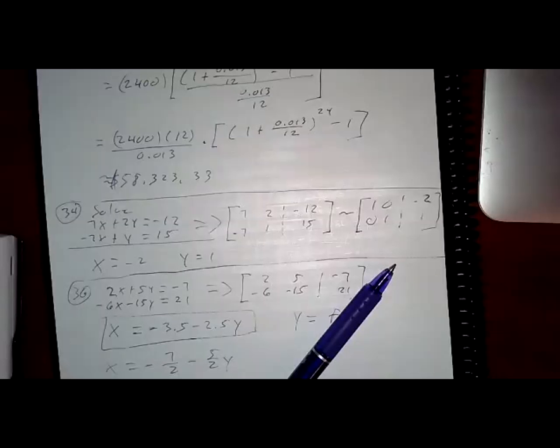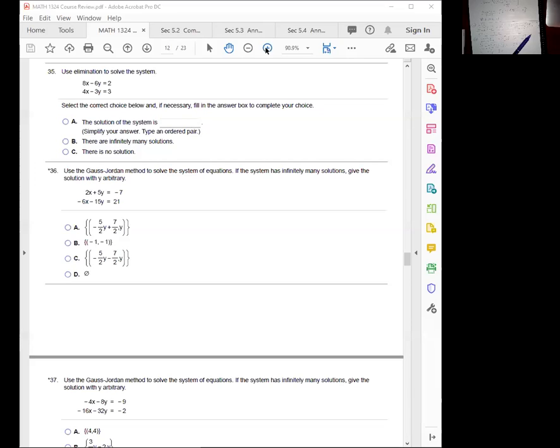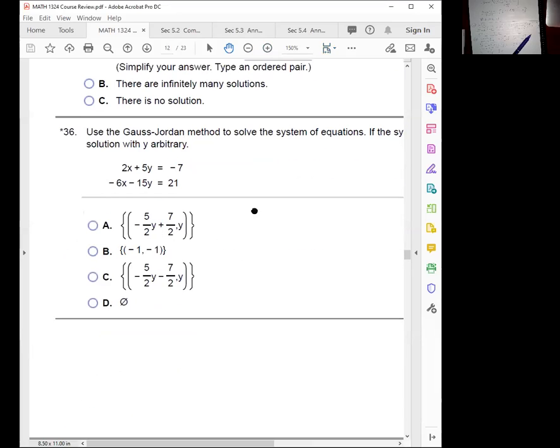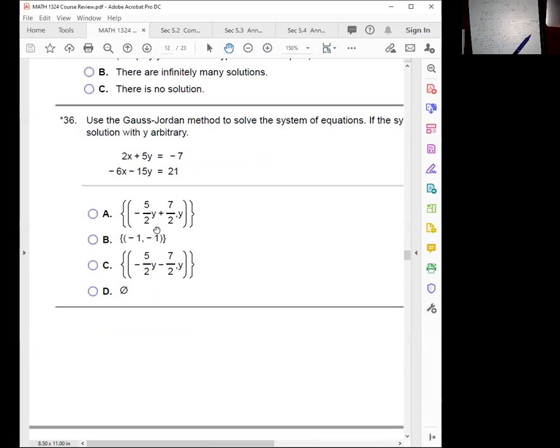Let me look at the way they answered it again. They only have y on one of them, but this answer choice has it on both. That does not make sense. Oh, I see what they did. I'm sorry, I couldn't see this screen. Yeah, this is a comma. That's not times y. It almost tricked me there.